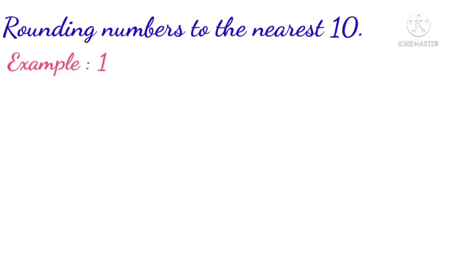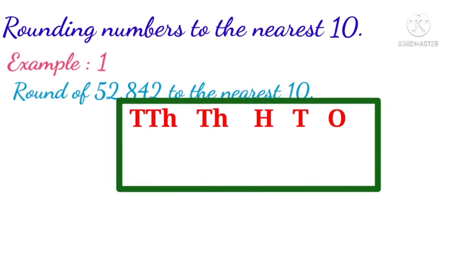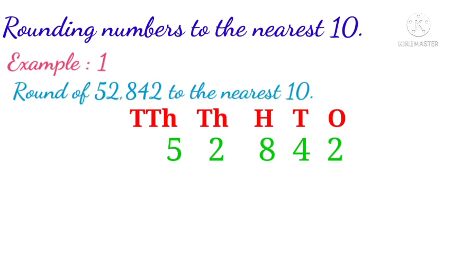Example 1. Round off 52,842 to the nearest 10. Step 1. Arrange the number in a place value chart. Step 2. Identify the place to be rounded. That is, in 52,842, the tens place should be rounded off to the nearest 10.